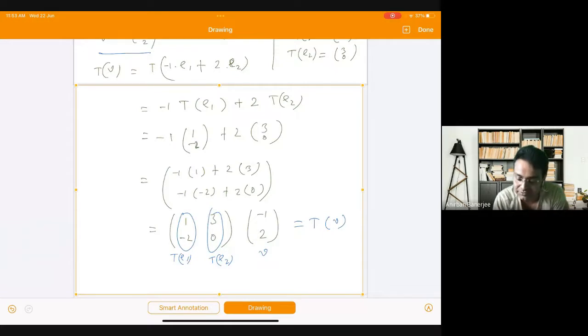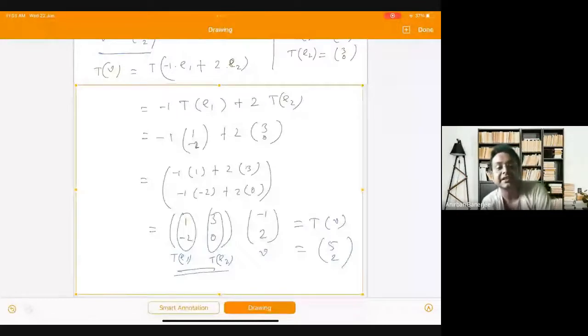Where does it go? Actually, we will get 5, 2. So these are the new coordinates. That means if you take any arbitrary V and multiply the coordinates of V with this matrix, you will get the new coordinates of V after the linear transformation.